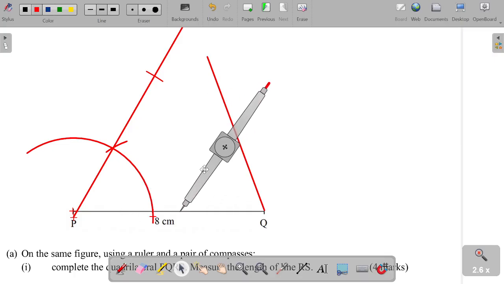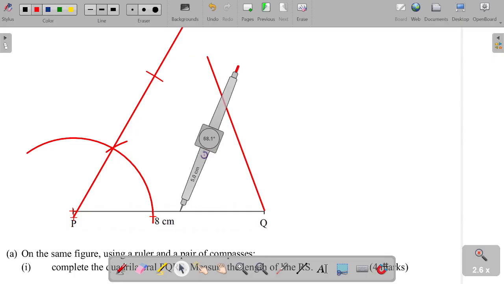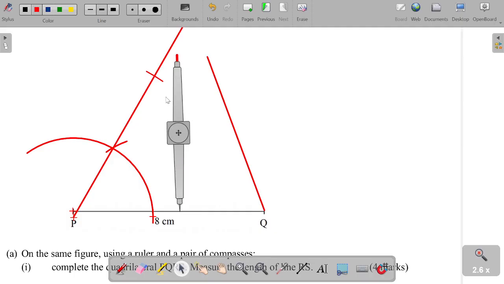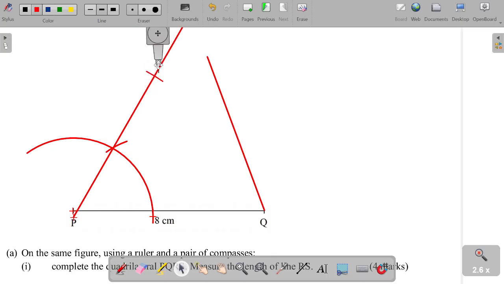I can stand here, and once I stand here, let me make, maybe from here I can drop a perpendicular bisector from this point, so I can stand here at this arc, can stand here at this arc.